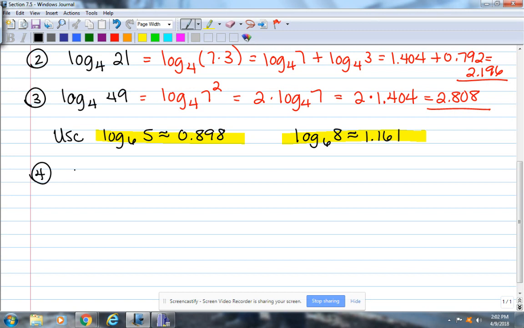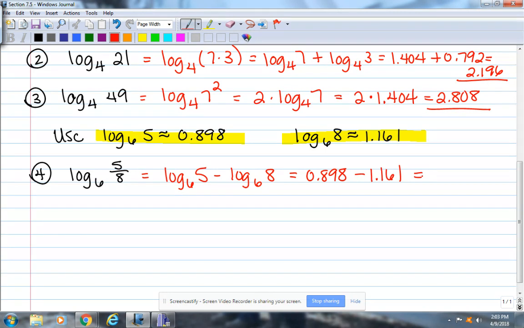Example 4, they want us to do log base 6 of 5/8. So how do we expand it if they give us division? Subtraction. We subtract. So log base 6 of 5 minus log base 6 of 8. And we just insert those decimals. Log base 6 of 5 is 0.898 minus log base 6 of 8 is 1.161.